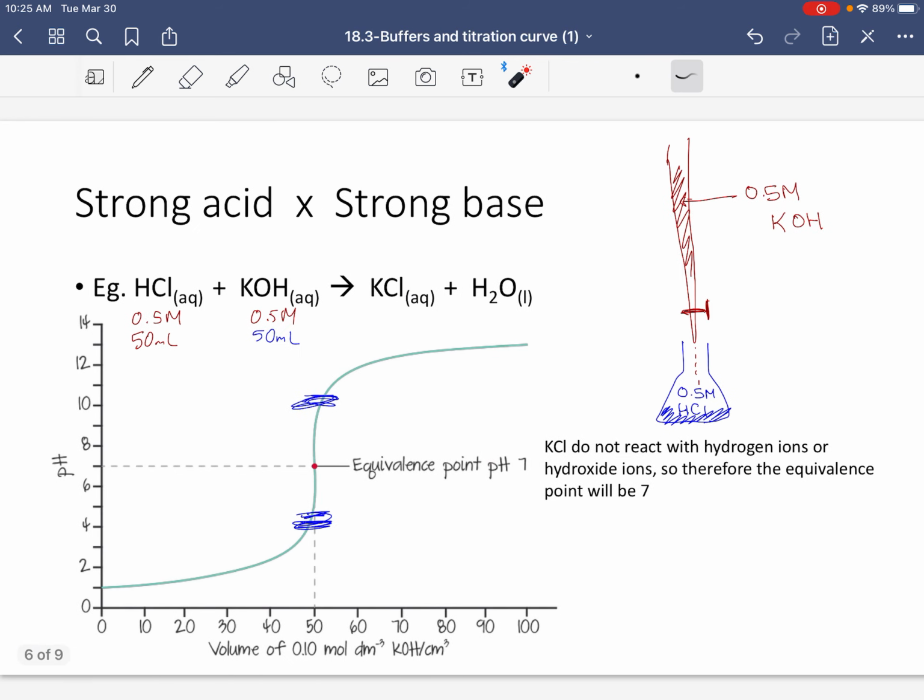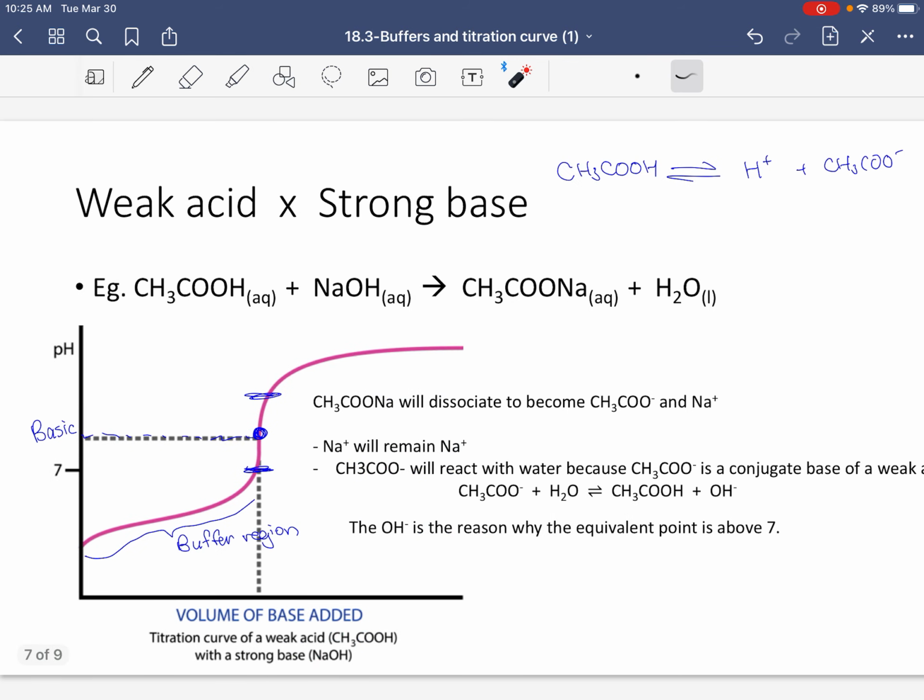Check out this curve right here. This is called a buffer region because at this point, between no base added to an equivalent amount of base added, this region right here can be used as a buffer, especially midway through.